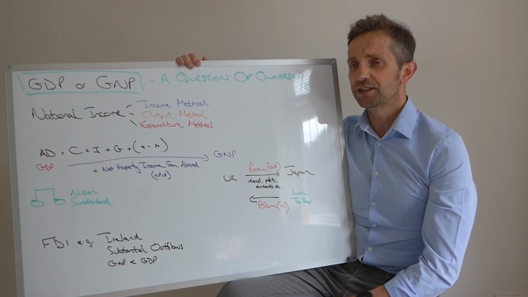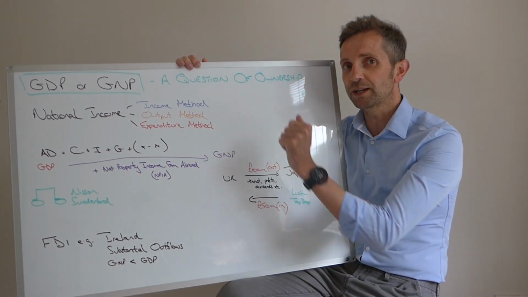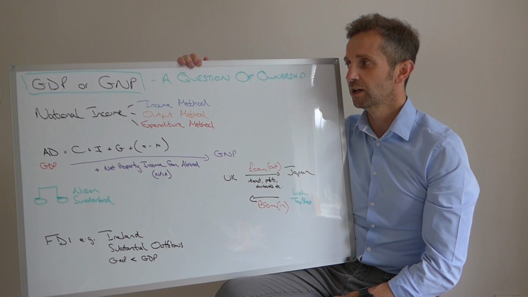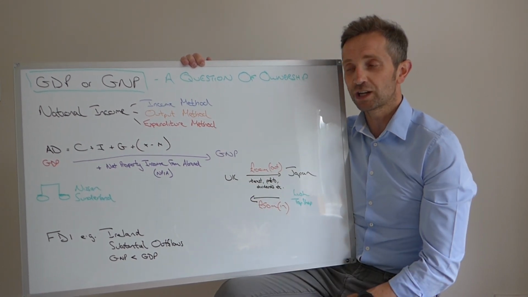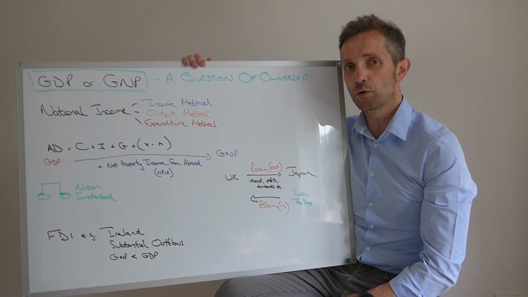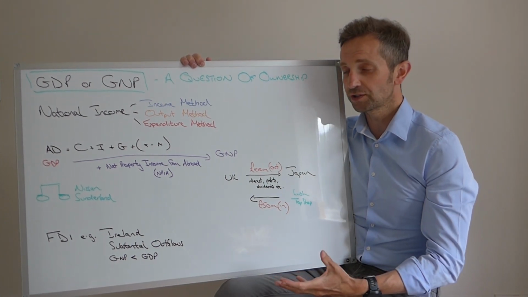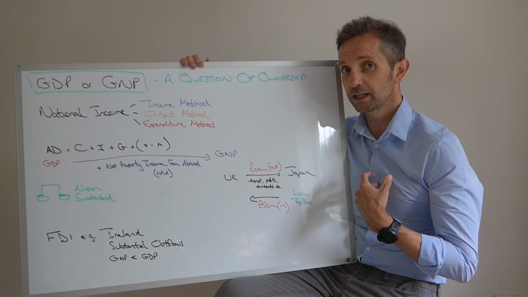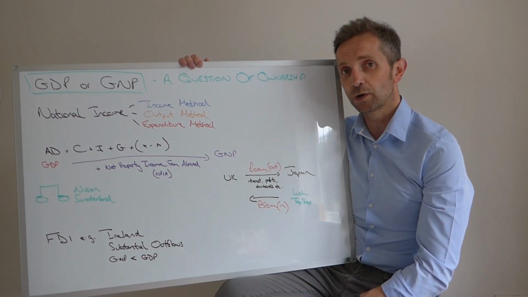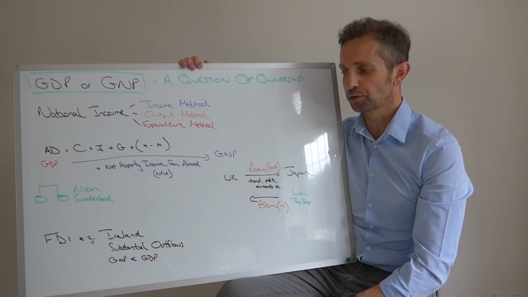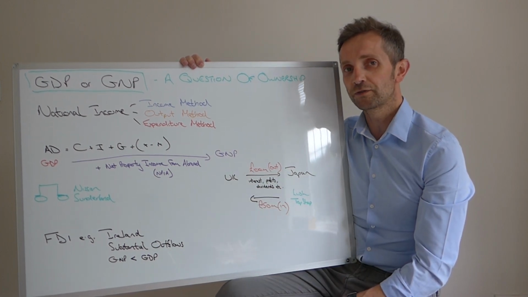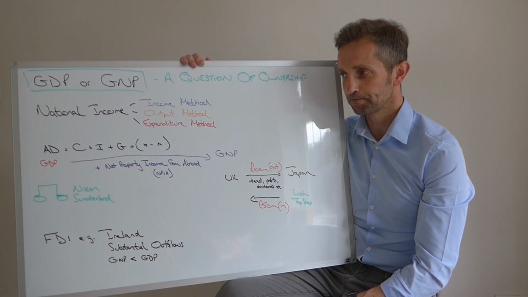So what then is the difference between gross domestic product and gross national product? As I've said here, it really is, ladies and gentlemen, a question of ownership. My students and I are located in the northeast of England, and the Nissan factory is located not too far from here in Sunderland.